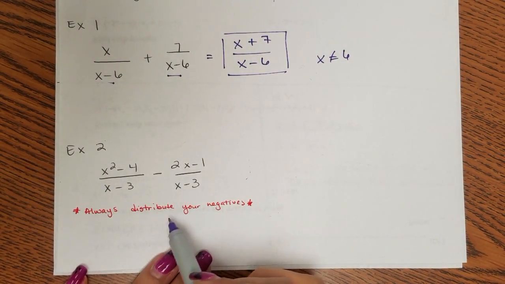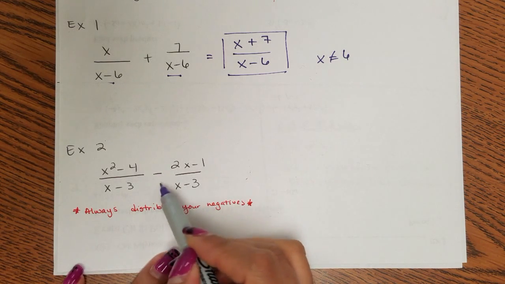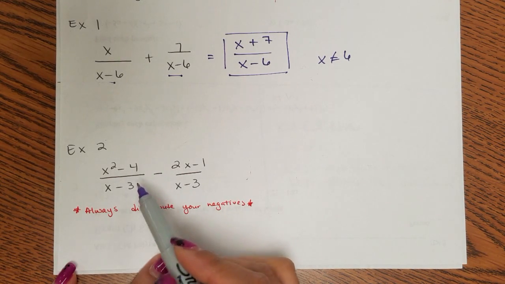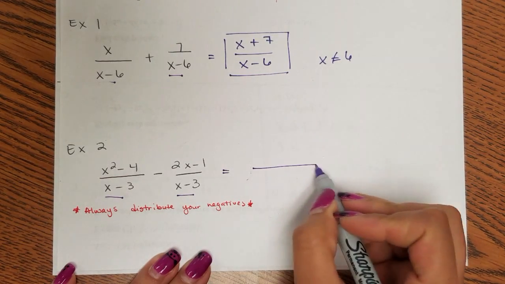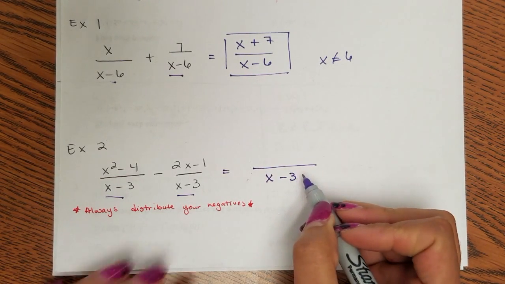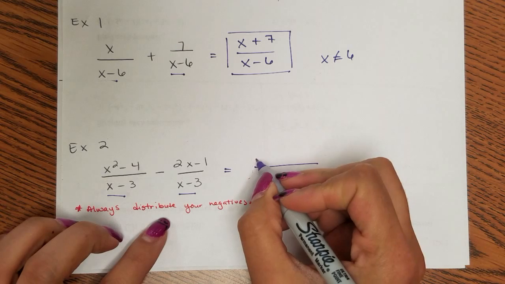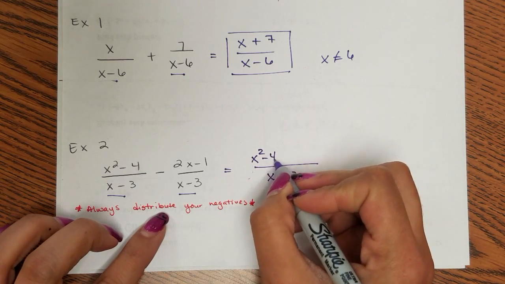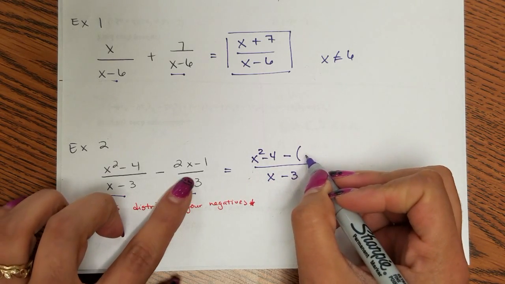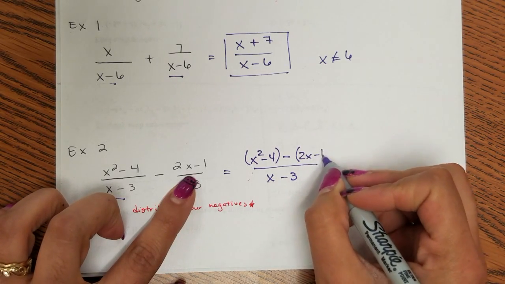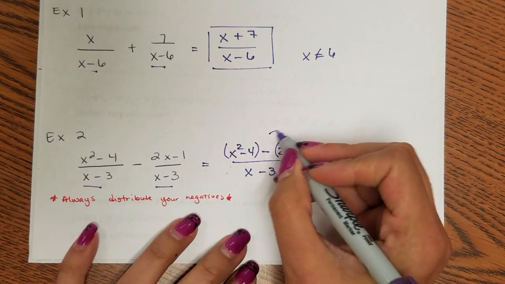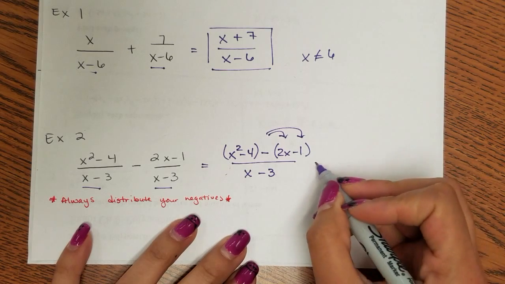Here's an example where I was talking about where you have to distribute that negative. We're subtracting. First thing you do is make sure that you have a common denominator. x minus 3 is the same, so x minus 3 is your denominator, and then you're just going to carry everything over. So you have x squared minus 4 minus, and I'm going to put this in parentheses. Both of these could be in parentheses. So 2x minus 1 here. Now you need to make sure that you distribute that negative correctly.